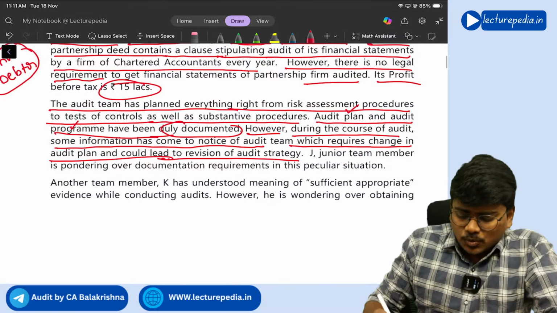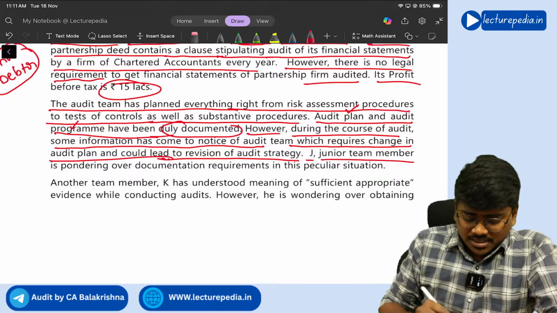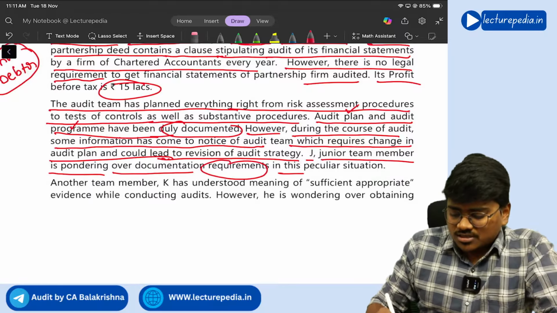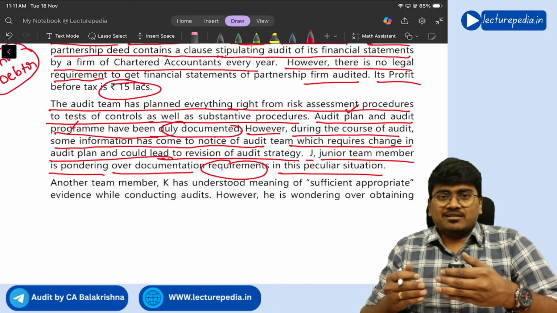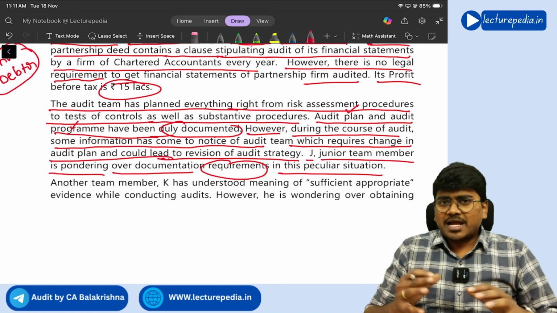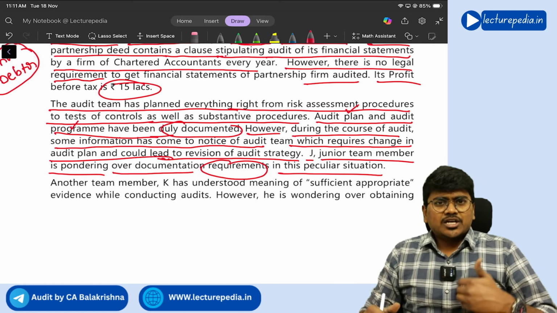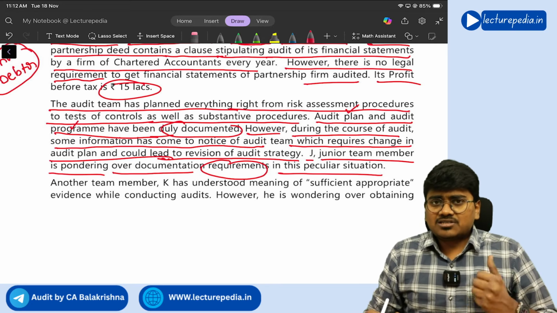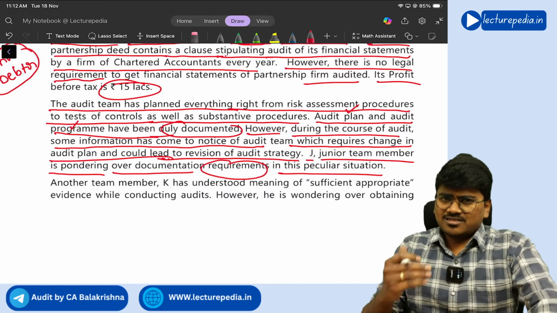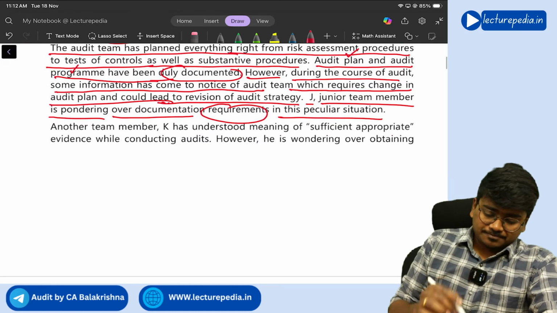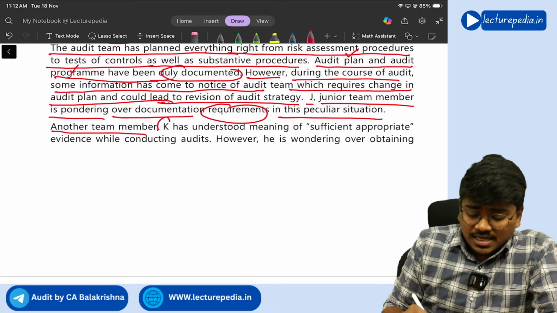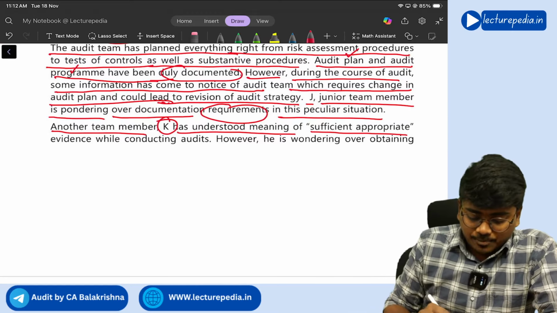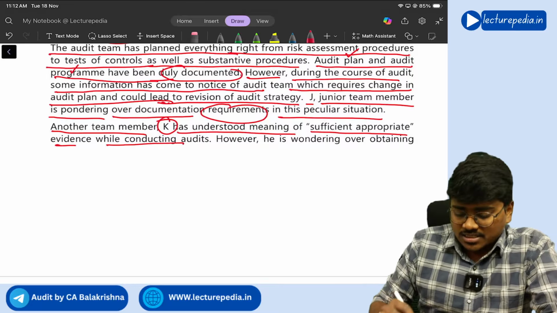Yes. Now J, a junior team member, is pondering over documentation requirements in this peculiar situation. So in this situation, since the audit plan and strategy has changed, they should document the reasons why that plan and strategy has changed, right? This has to be documented. Next, another team member K has understood the meaning of sufficient appropriate evidence while conducting audits.